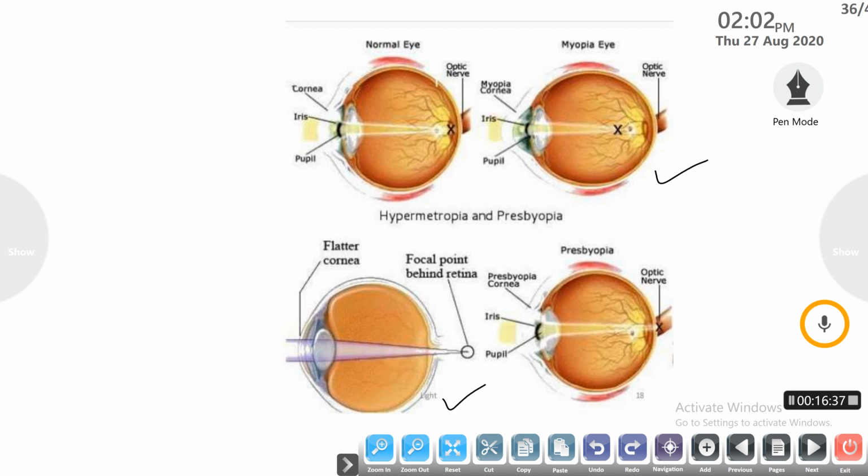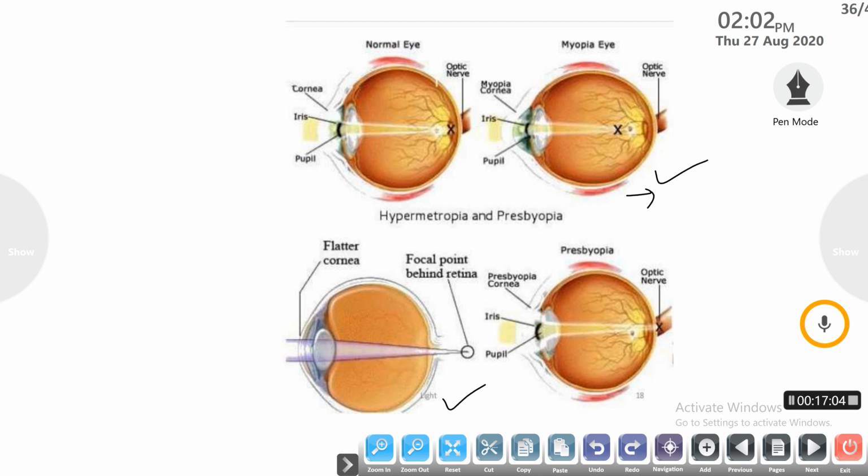The basic symptom in case of myopia is that a blurred image of distant objects is visible, and in case of hypermetropia, a blurred image of near objects is visible. We can treat myopia by affixing a concave lens to a person's eye, so that it can shift the image formation to the retina.